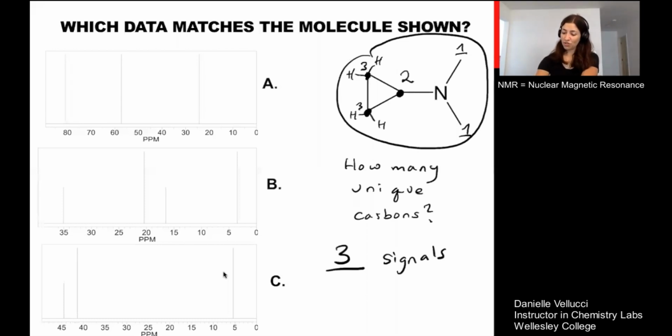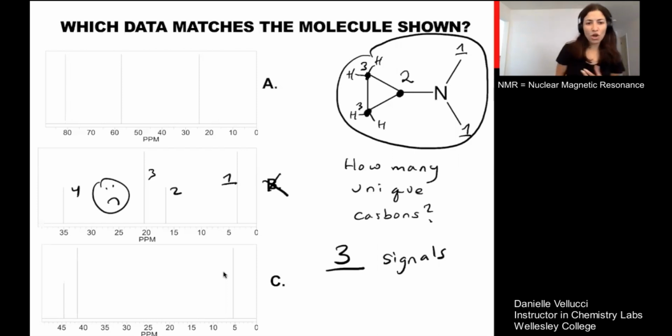So when I look at choices A, B, and C, which one can we rule out immediately? If we look closely at B, we have too many signals. Okay, so B cannot be the correct choice for our molecule. Hopefully then, you've narrowed down your choices to A and C. Okay, and at this point you might say, well, okay, the numbers are the same.